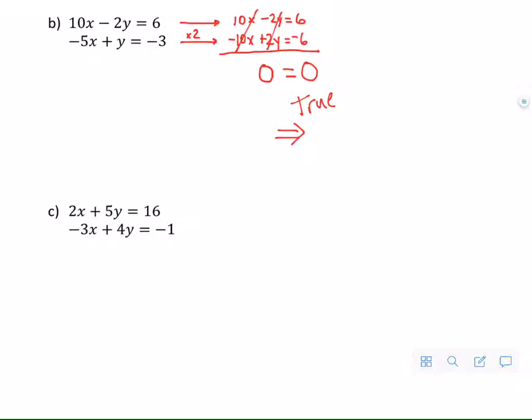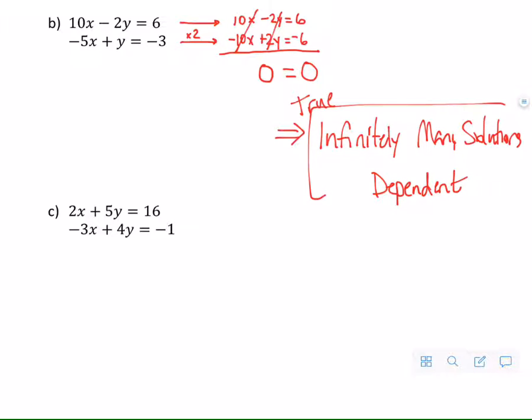It's dependent. So we can write infinitely many solutions, or we could say dependent. Either one of those answers is correct.